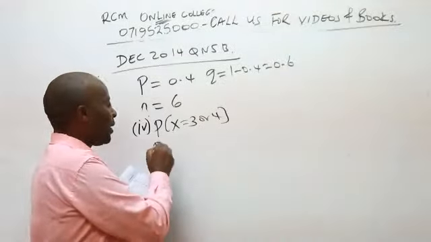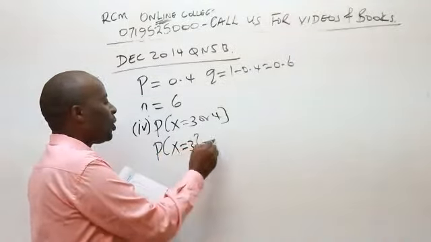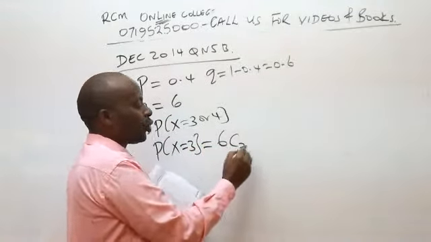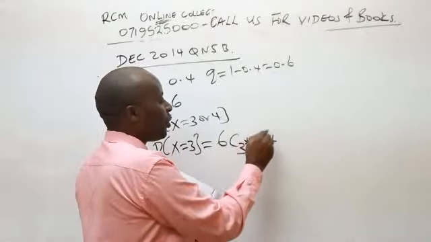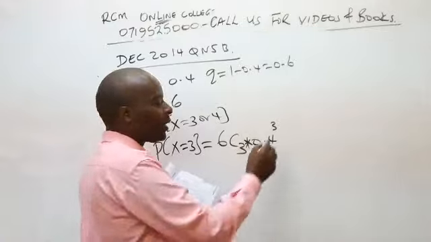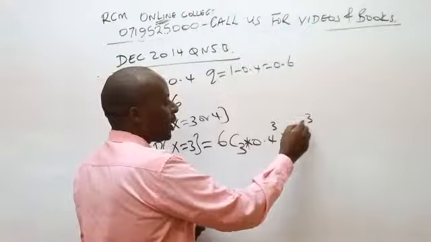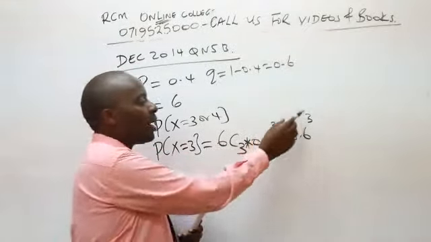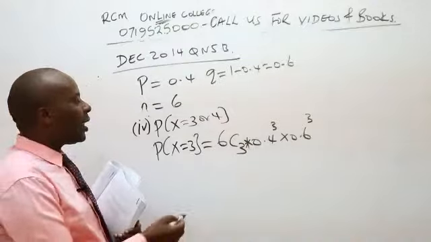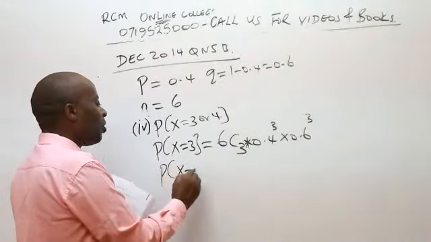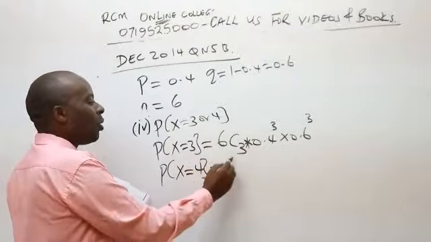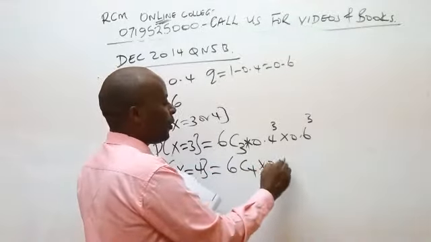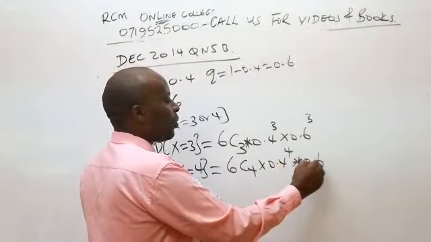So probability of X being equal to 3. This will be n, which is still 6, combination 3 times 0.4 raised to X, which is 3, times 0.6 raised to the balancing figure. Given that the two powers must add up to 6, the balancing power will be 3. And then I'll look for probability of X being equal to 4, which will be 6 combinations 4 times 0.4 raised to 4 times 0.6 raised to 2.